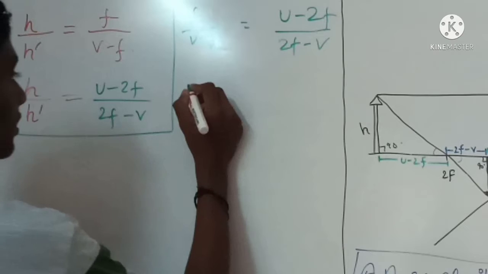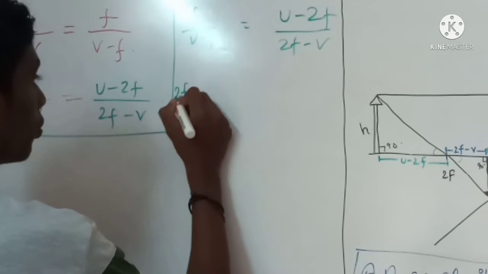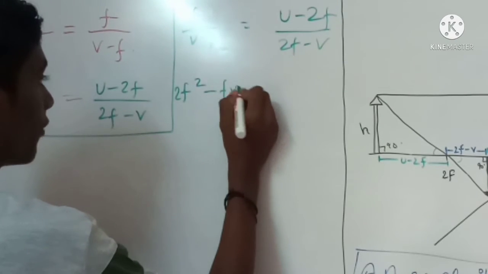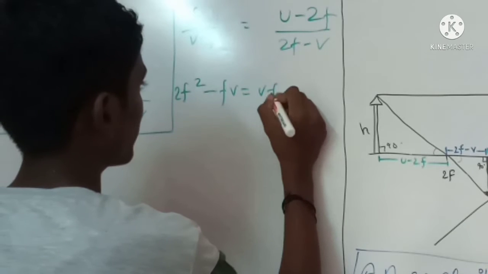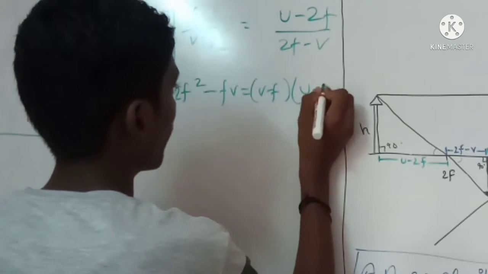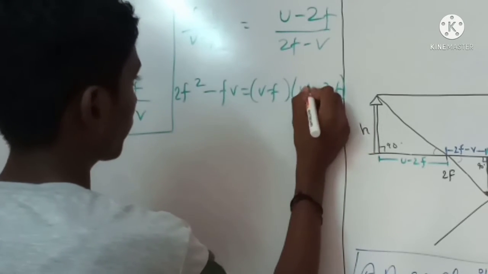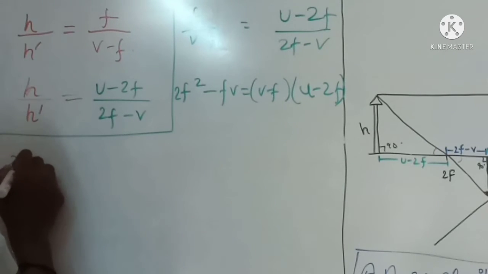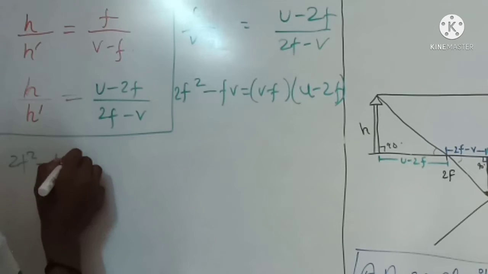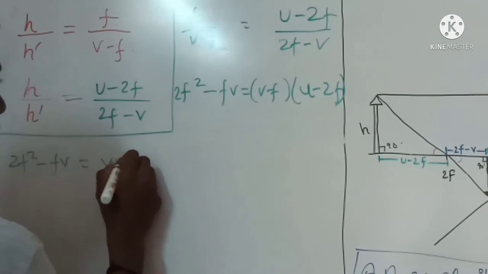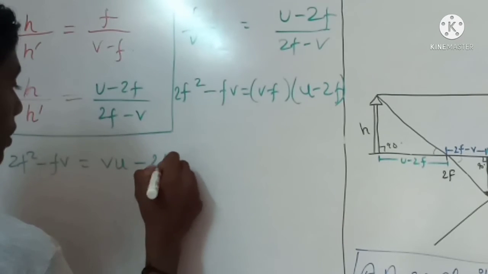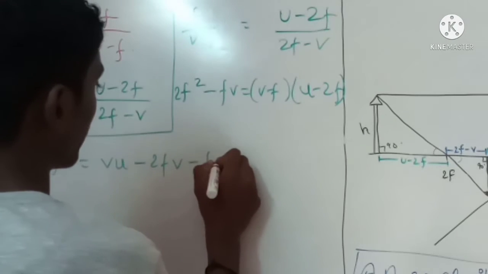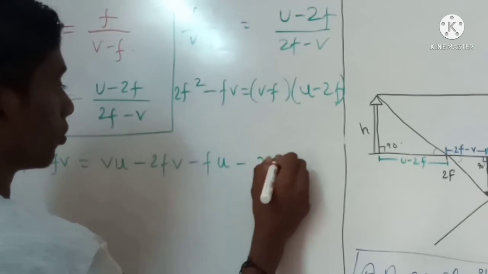When you cross multiply this, 2f square minus fv is equal to v minus f into u minus 2f. Expanding, 2f square minus fv is equal to vu minus 2fv minus fu plus 2f square.